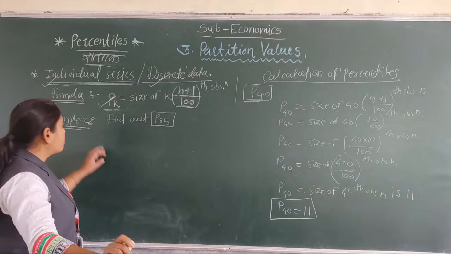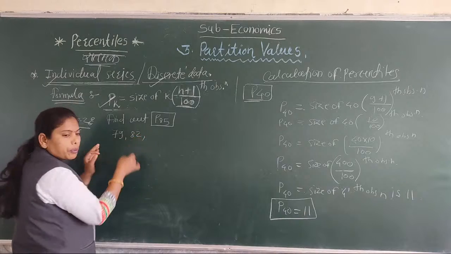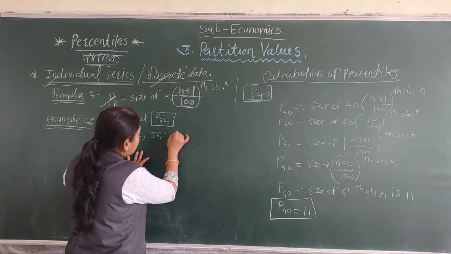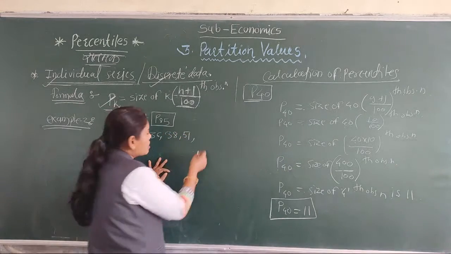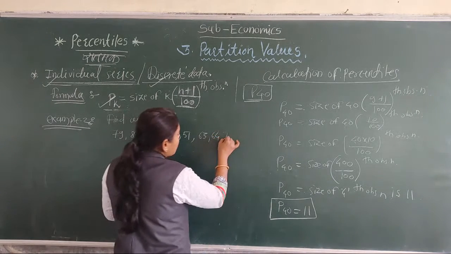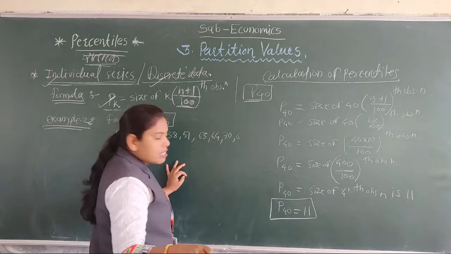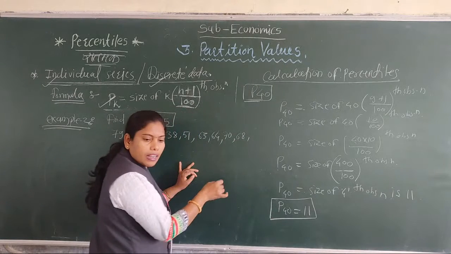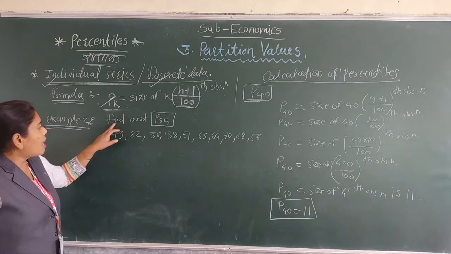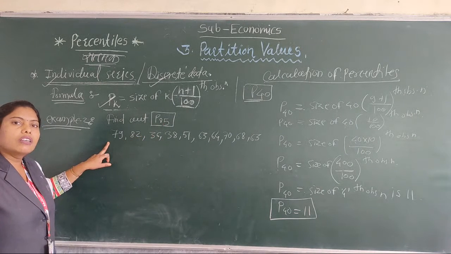First of all, write down the data: 79, 82, 36, 38, 51, 63, 64, 70, 68 and last is 63. Find out P85 using this individual series.